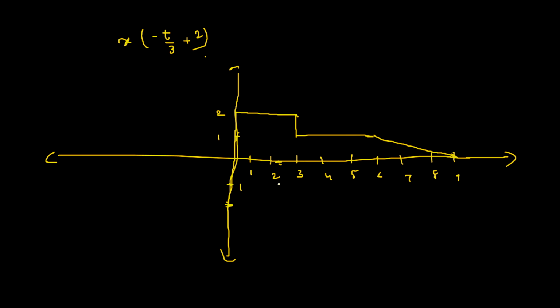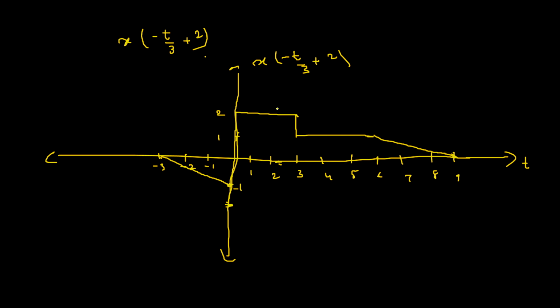So from minus 1, minus 1, minus 2, and minus 3. So this is how my final graph looks like, x of minus t by 3 plus 2.